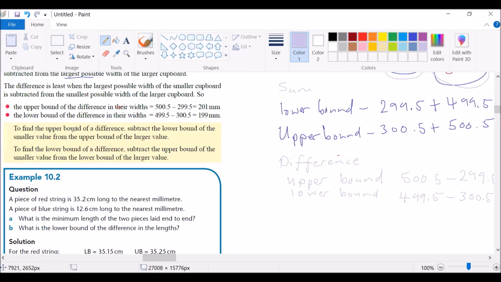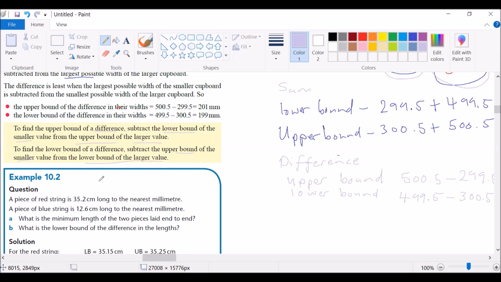To find the upper bound of a difference, subtract the lower bound of the smaller value from the upper bound of the larger value. To find the lower bound difference, subtract the upper bound of the smaller value from the lower bound of the larger value.